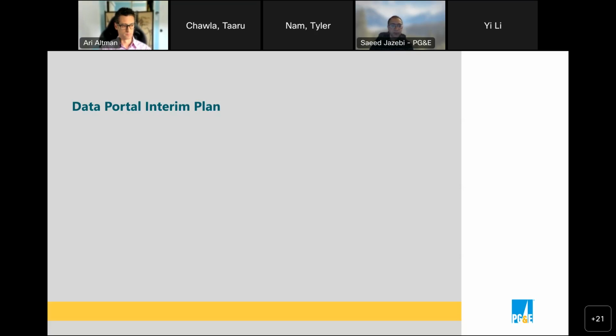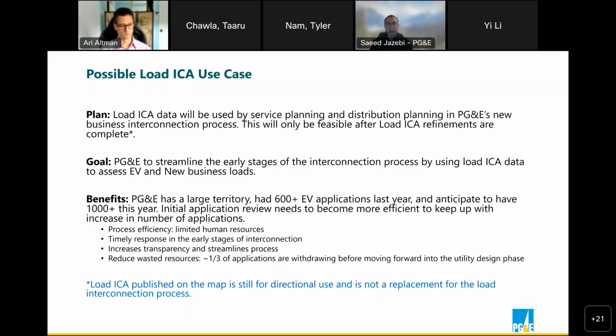We need to have an interaction between customers and our service planning team to validate their application data. This will also avoid two customers requesting the same capacity simultaneously.